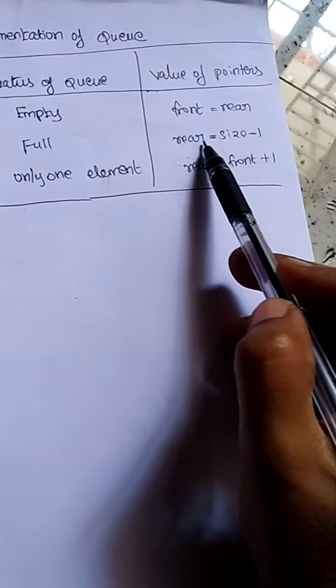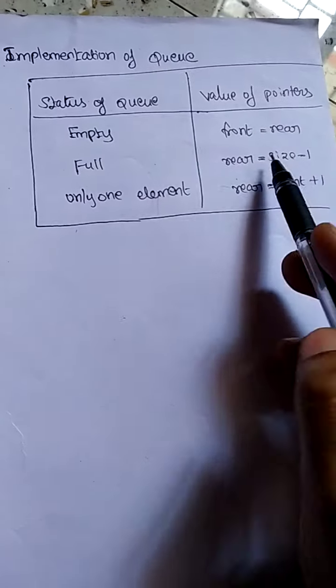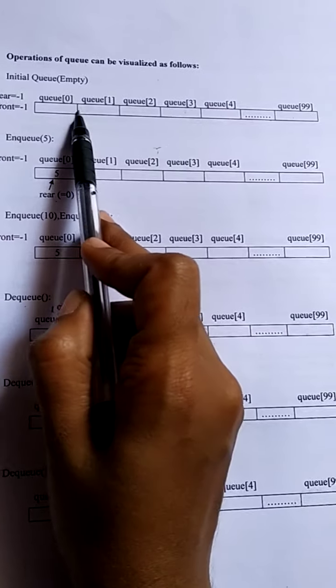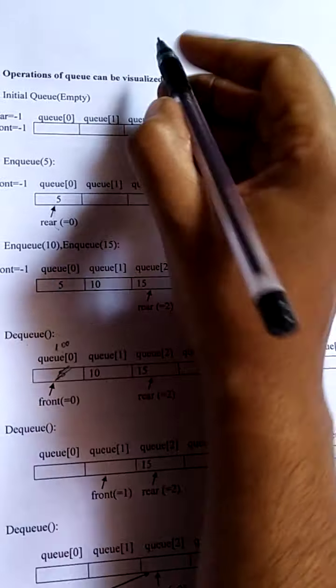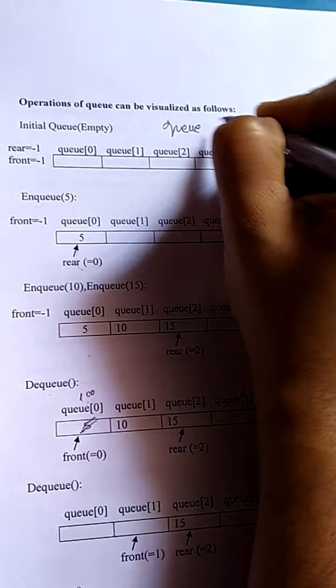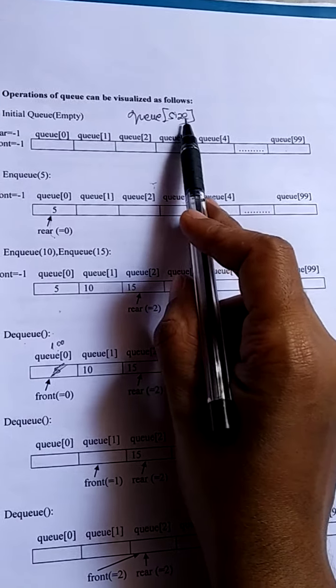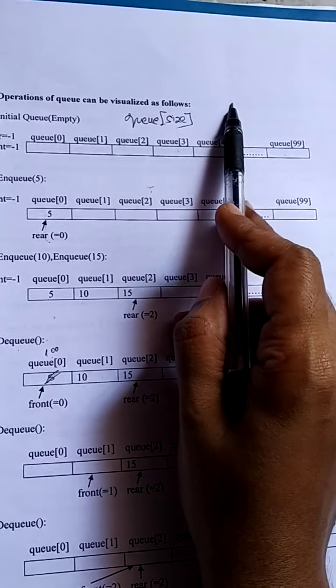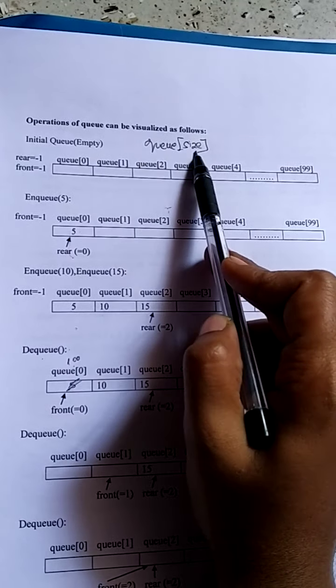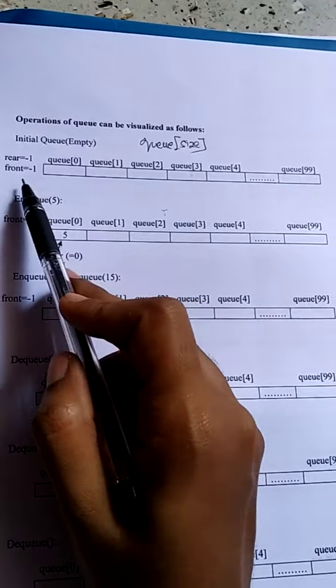Now, when will the queue be full? When the rear value is size minus 1. Whenever you insert an item, this is the queue of size. I am using a macro size which I have defined as 100, so queue of 100, right? When will the queue be full?